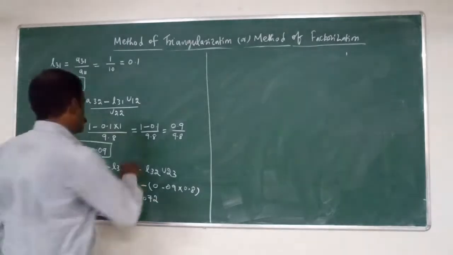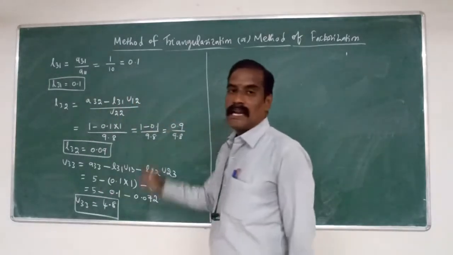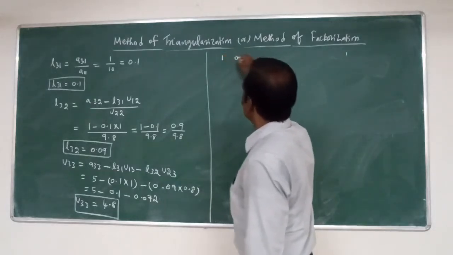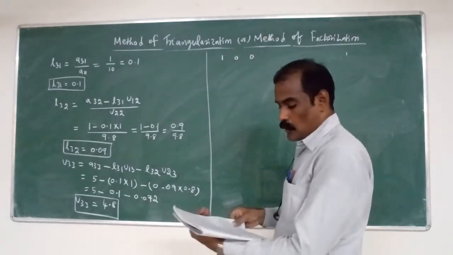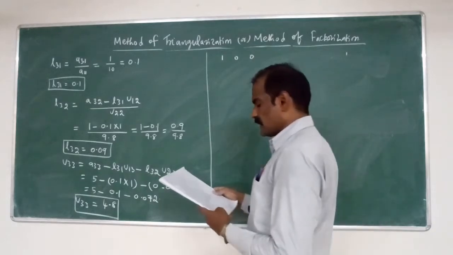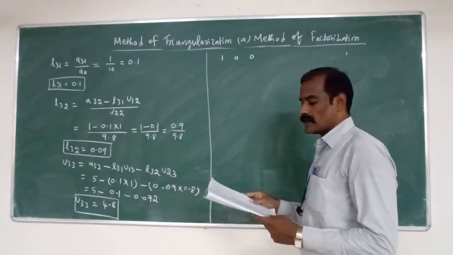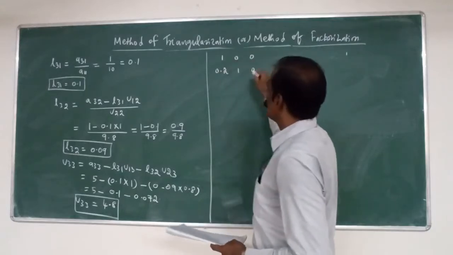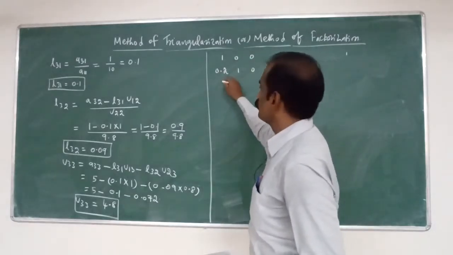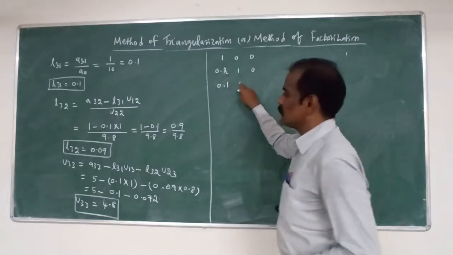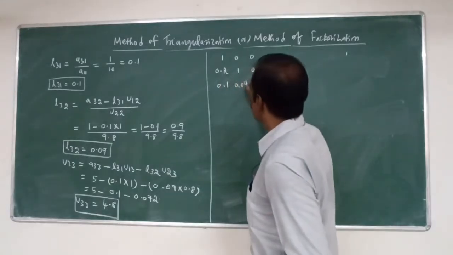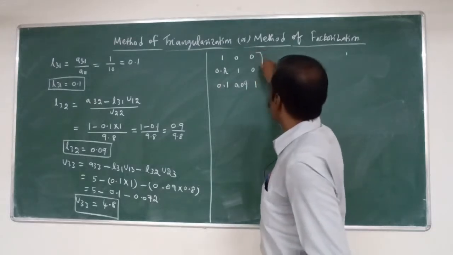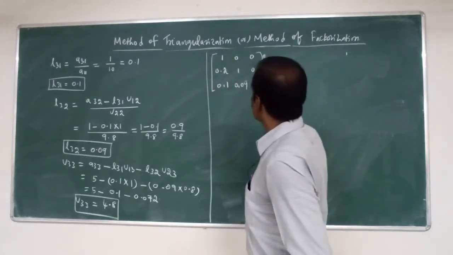Now substitute these values into L and U. Here L is 1, 0, 0; L21 value 0.2, 1, 0; L31 value 0.1 and L32 value 0.09, 1. Next is the U value.